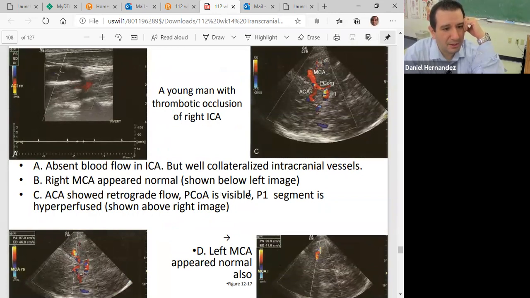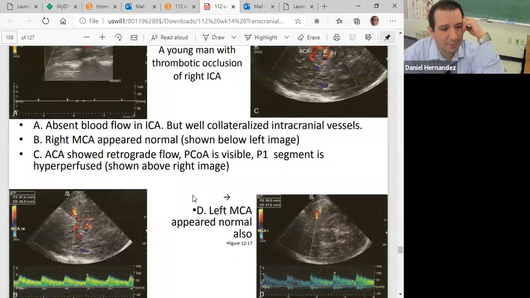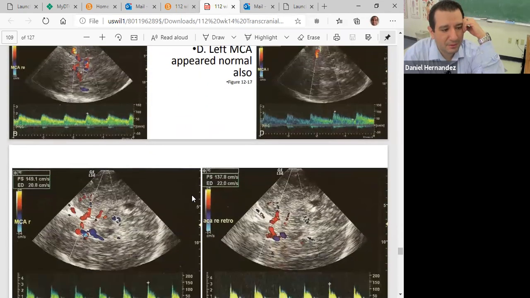And the posterior communicating artery is visualized. The P1 segment is hyperperfused.